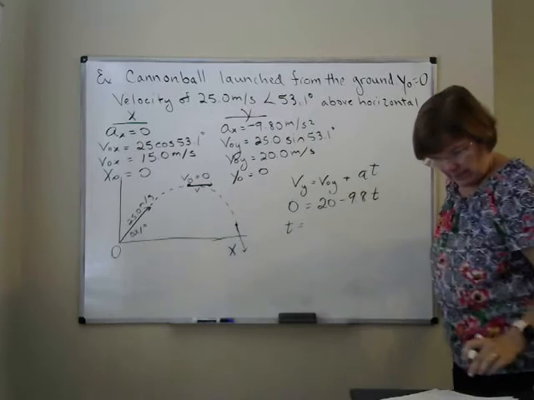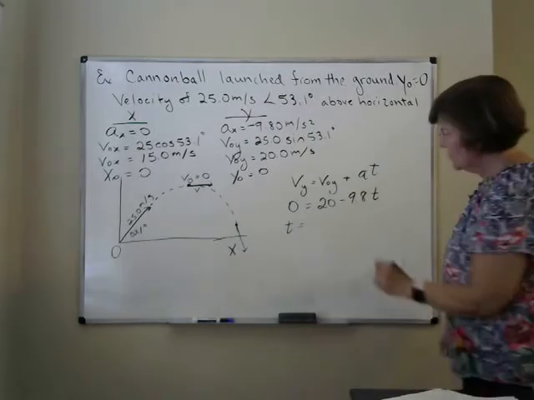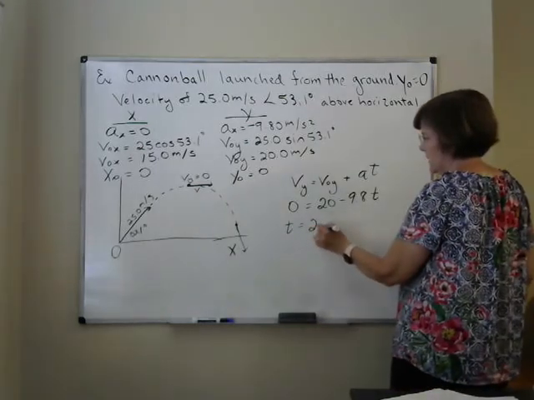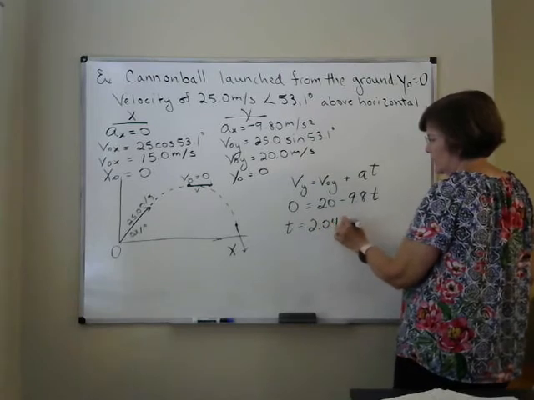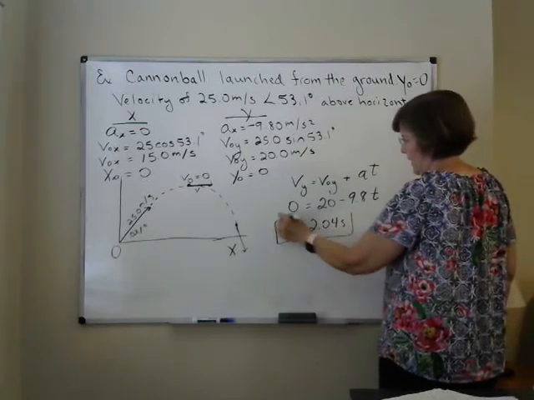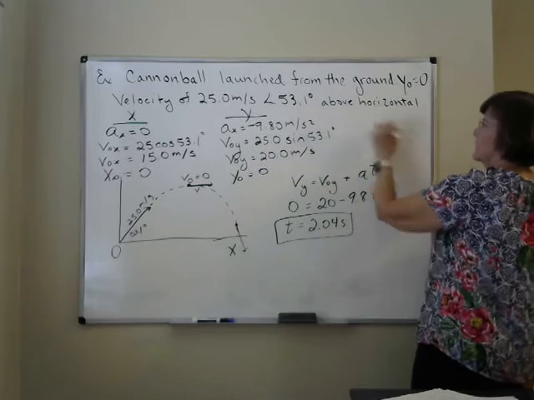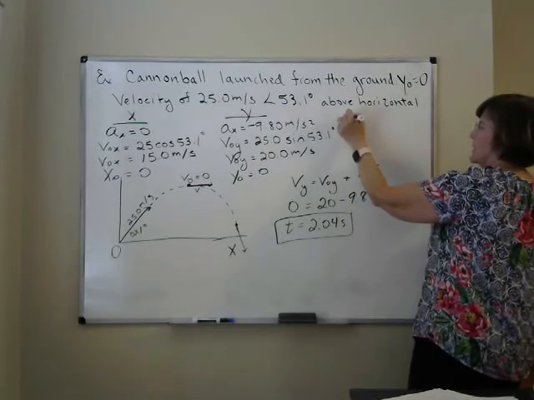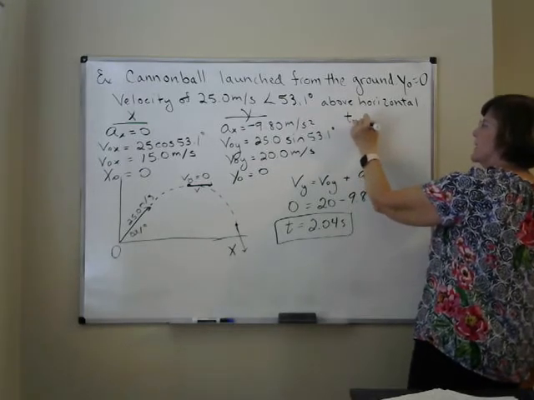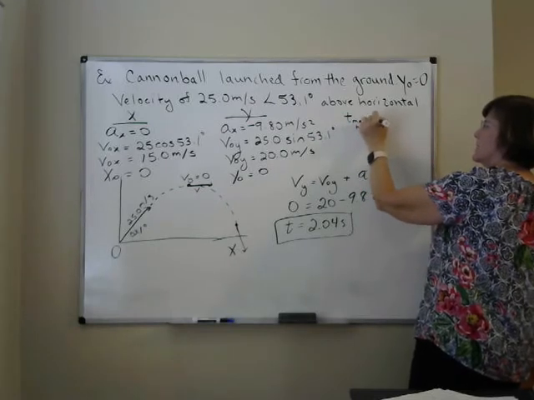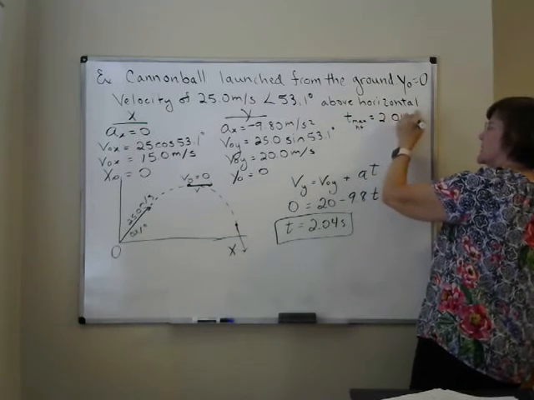When I worked it, I've got 2.04 seconds. I'm going to write that down. So here's what we know so far. The time for the maximum height is 2.04 seconds.